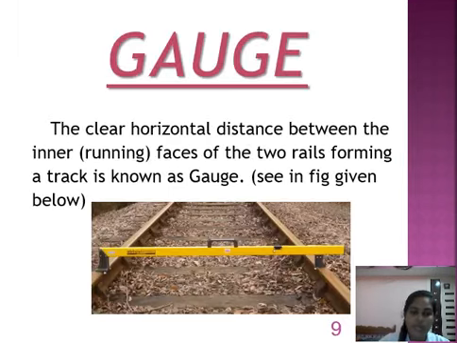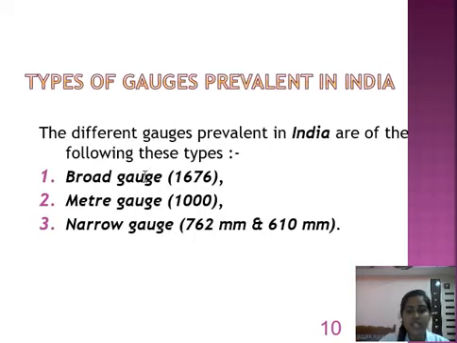You all know what gauge is. Gauge is the distance between the inner faces of the two rails. In India there are three different types of gauges: broad gauge, meter gauge and narrow gauge.